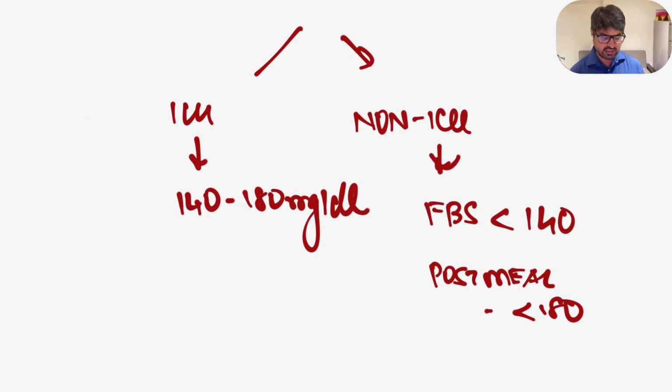Now let's discuss a little bit about the target in ICU. The history goes like this: the first study was done by Dr. Van den Berghe from Belgium, and what she did was she divided the patients into two categories. These were surgical ICU patients. One group was on tight glucose control, and the other was on a more relaxed glucose control.